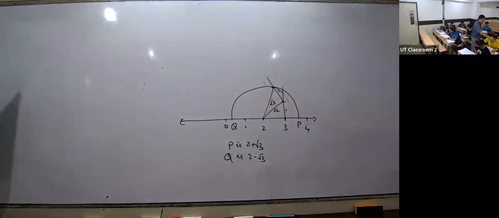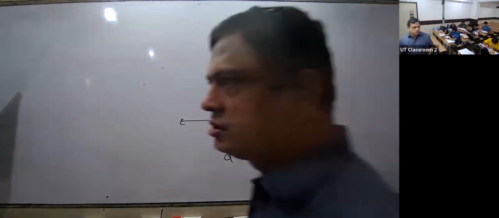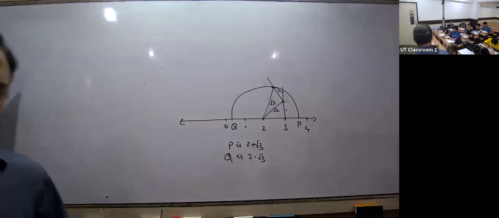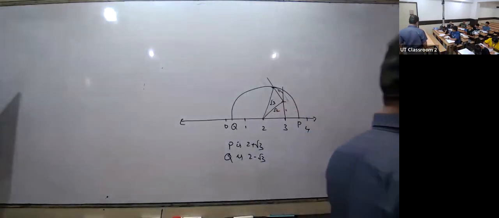From 2 now, you have to draw that 2 plus root 3 now. Opposite side rotate. That is called 2 minus root 3. Understood or not? Plus root 3 means right side. Minus root 3 means left side. Okay now? Chalo. Done.